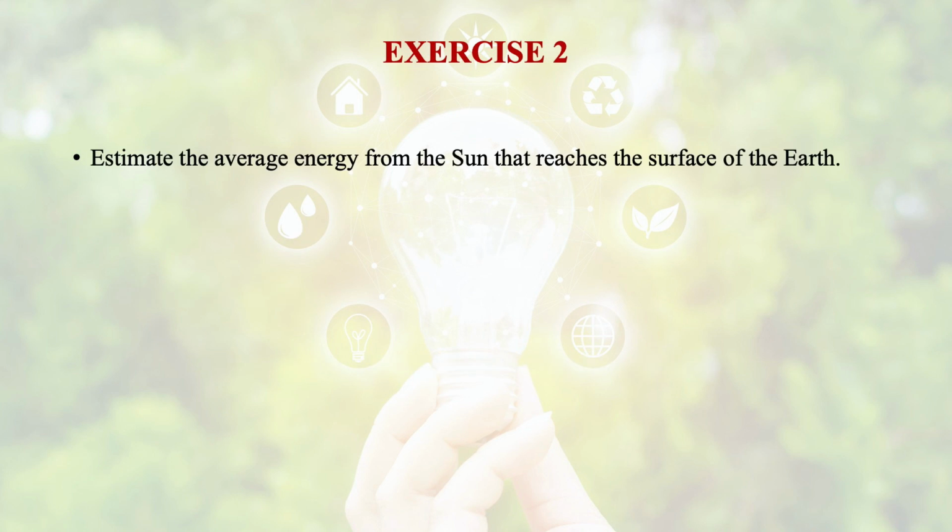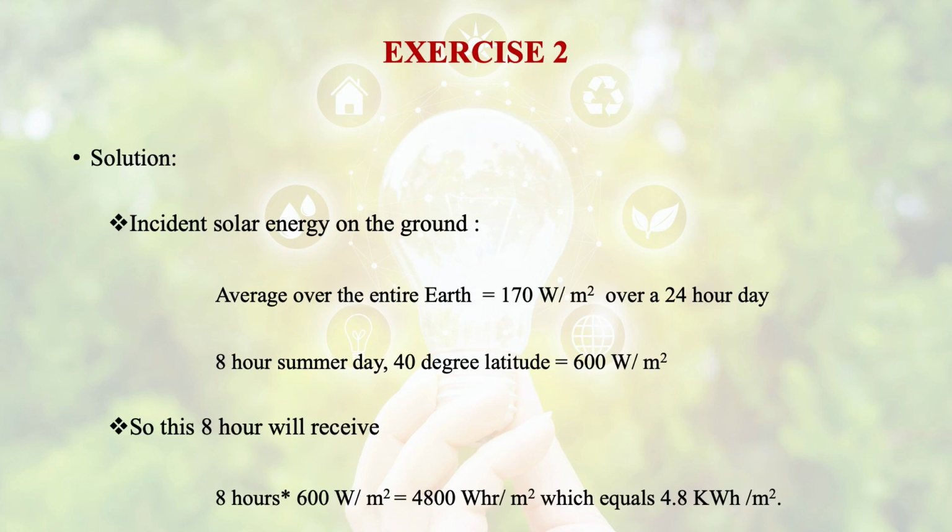Now let us estimate the average energy from the sun that reaches the surface of the earth. So what we have to know? The incident solar energy on the ground. Average over the entire earth it is 170 watt per meter square over a 24-hour day, and for an 8-hour summer day, and latitude about 40 degree, it will be 600 watt per meter square.